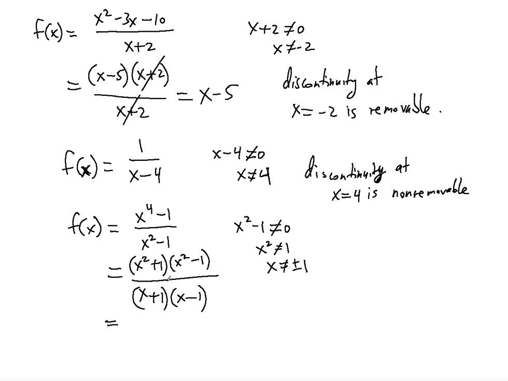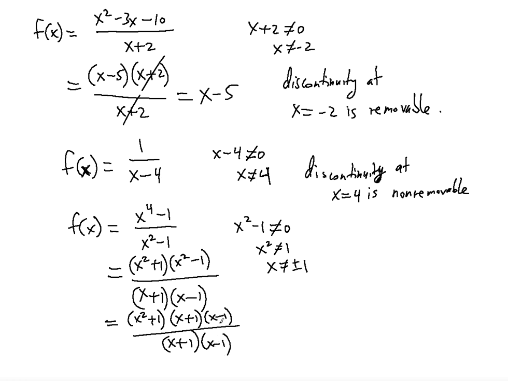Let's keep factoring because this x squared minus 1 can be factored. So we get x squared plus 1 times x plus 1 and x minus 1, divided by x plus 1 and x minus 1.